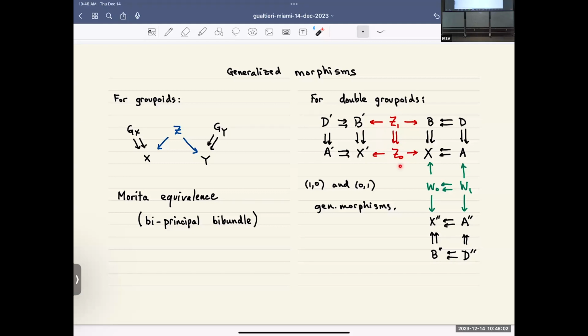So this red thing represents a horizontal generalized morphism between this square and this square. And this green thing represents a vertical generalized morphism between this square and this square. Okay, so there are two types of morphisms. What does this mean? It means that it's a higher category, right? It's a category that has 1-0 morphisms and 0-1 morphisms. So it's what you might call a double category. I'm talking about the category of double groupoids.